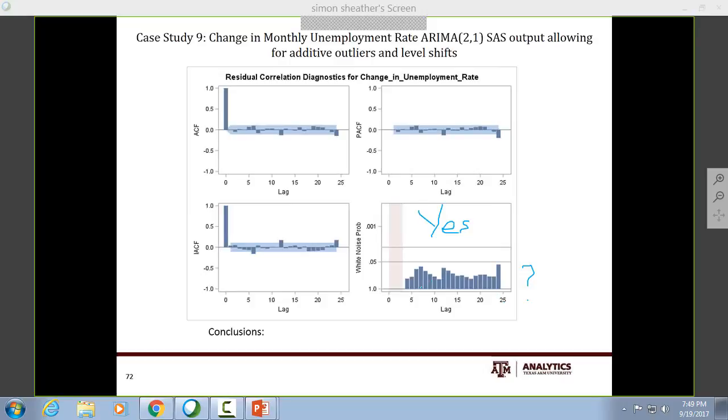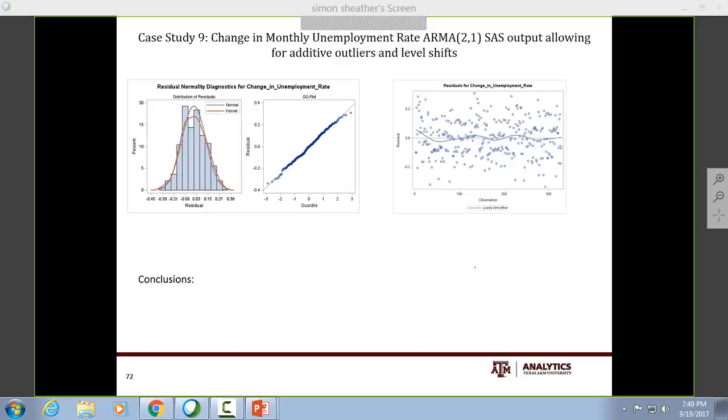There's a lot of lags that, while not significant, are getting towards it. So we have a valid model. This one is ARMA 2-1 with the additive outliers and level shift. Again, if we look at the further diagnostics, the QQ plot, the plot of the residuals, we say we're good to go.